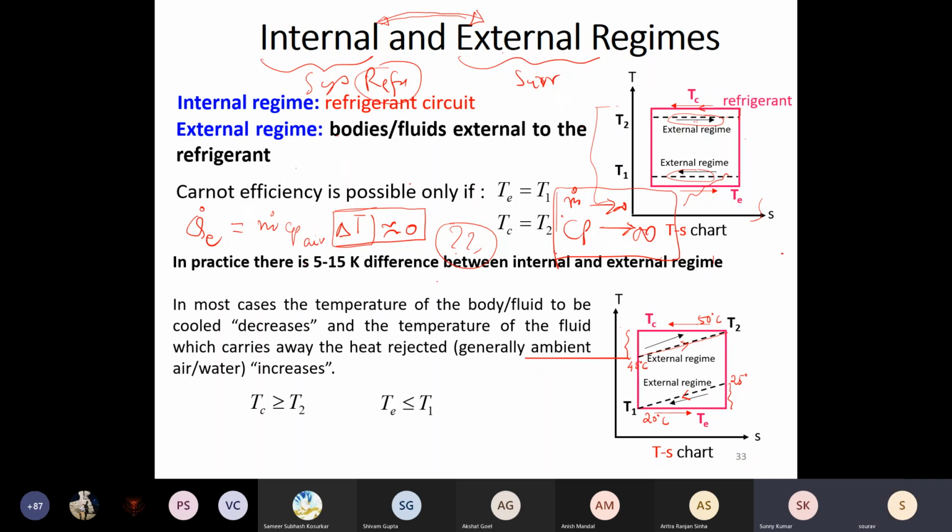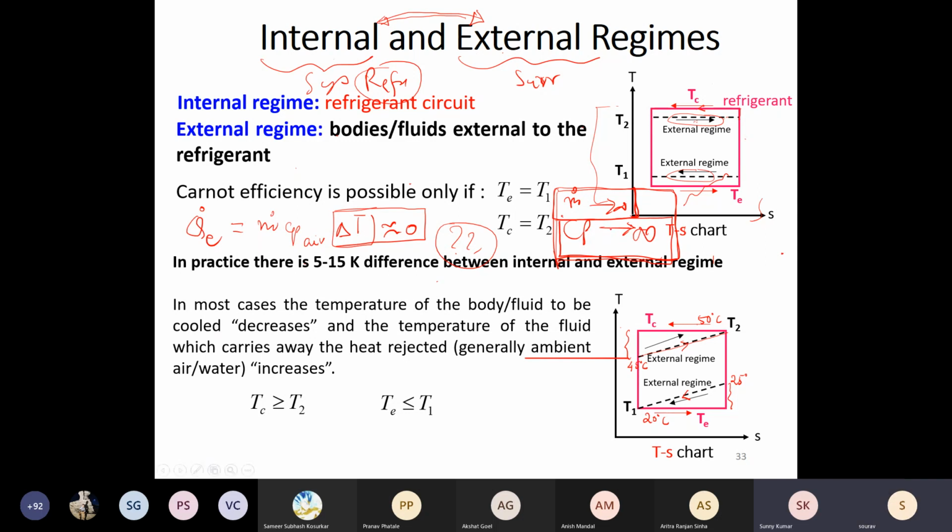But are both these cases possible or impossible? Not possible for commercial use. M dot tending to infinity is not possible. How about Cp tending to infinity?